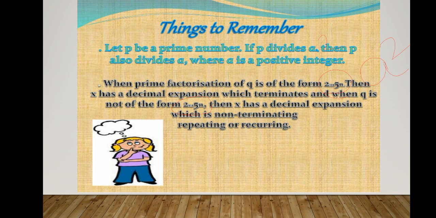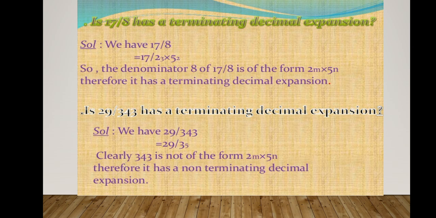Hence, it is saying that if your number can be taken in the form 2 to the power m and 5 to the power n, then it is a terminating decimal. Otherwise, it is a non-terminating, repeating decimal.